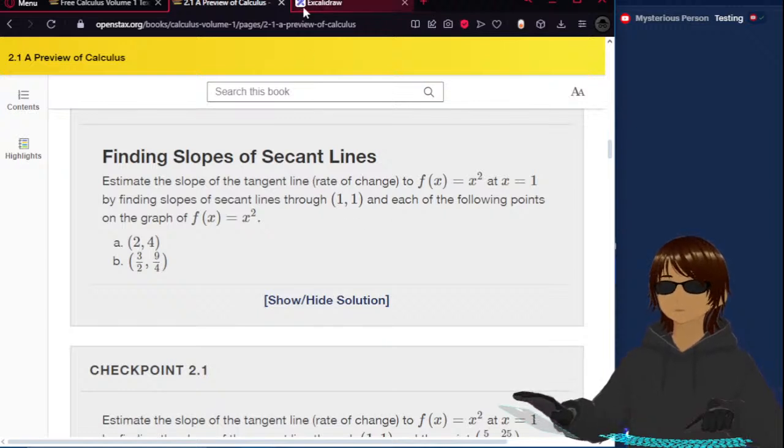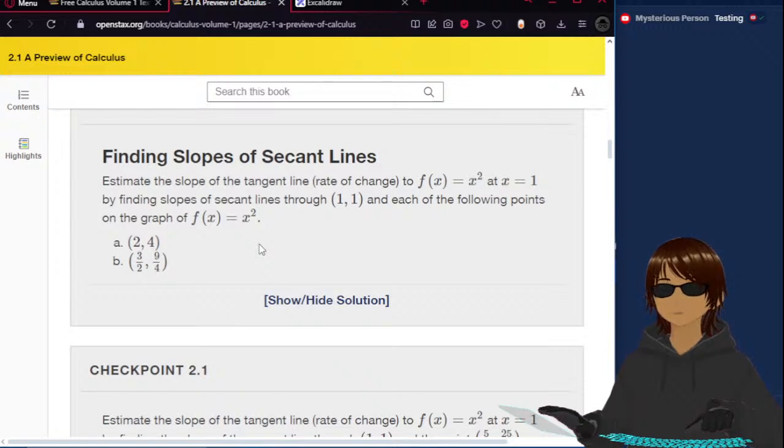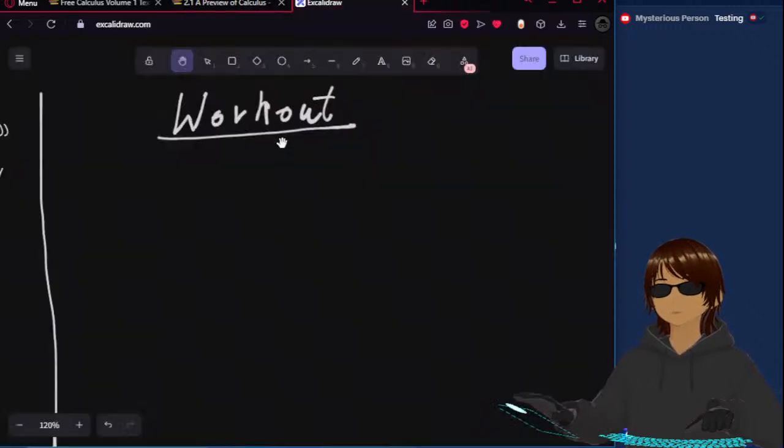So the graph is x squared. I need to find it at x equal 1 to this point.